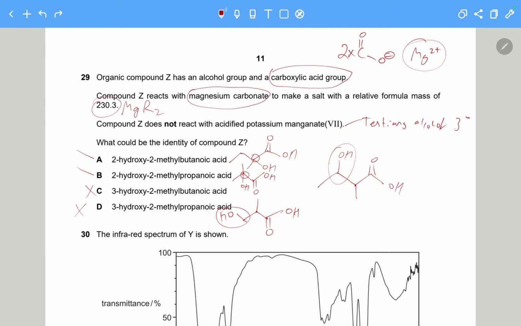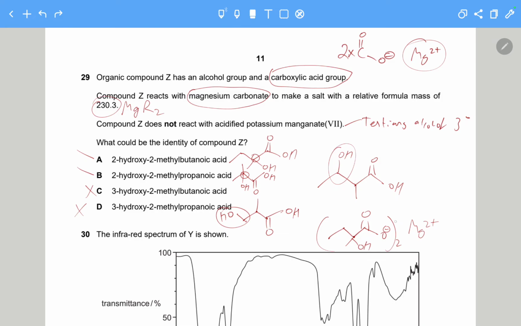So when A reacts with MgCO3, we get this salt. We get twice of that and 2 of this.